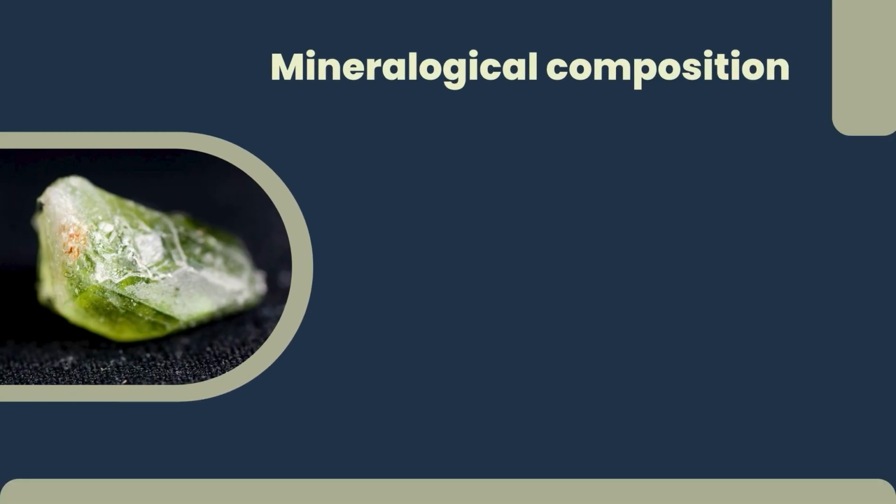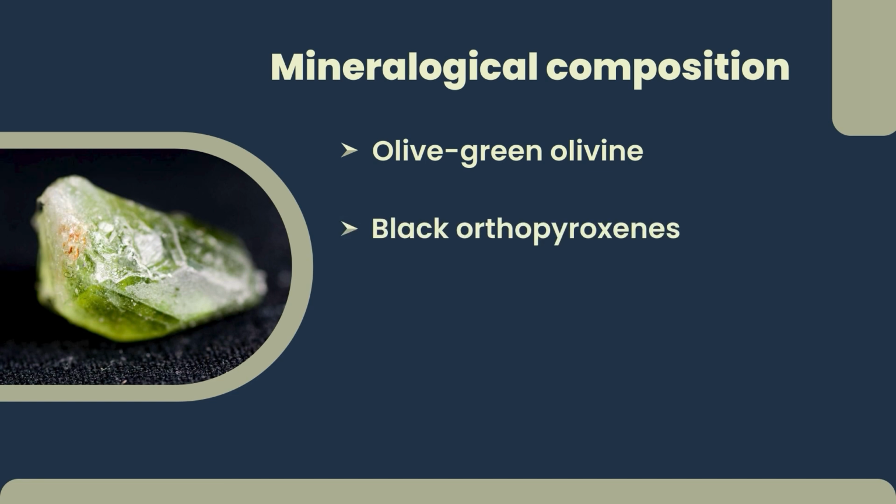Mineralogical composition: these rocks, like dunite, are largely composed of olivine, and olivine being olive green imparts olive green color to the rock, whereas orthopyroxenes impart black color to the rock. Orthopyroxenes are again very common in peridotites.